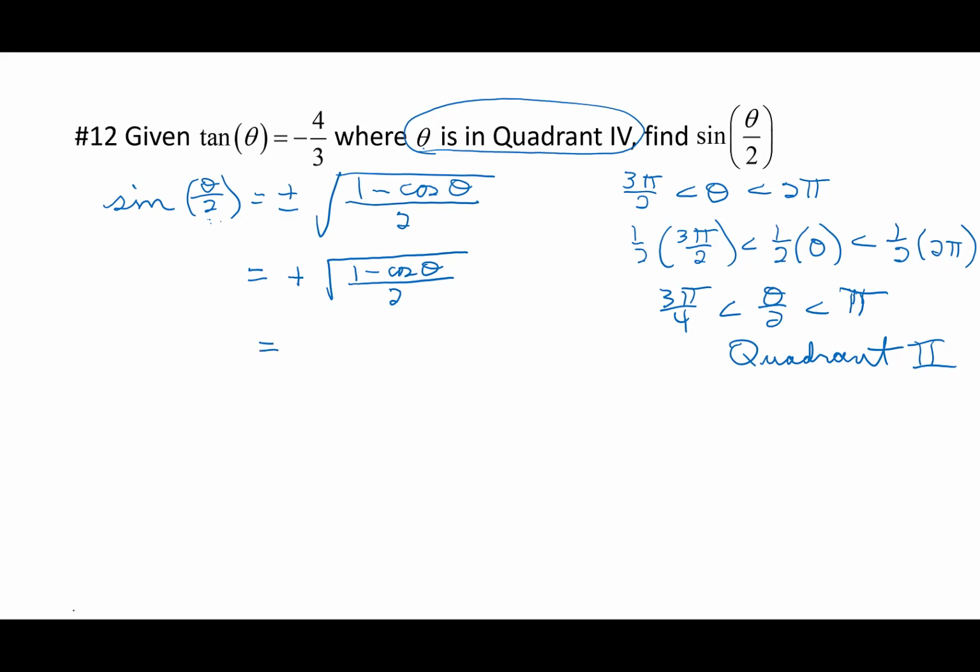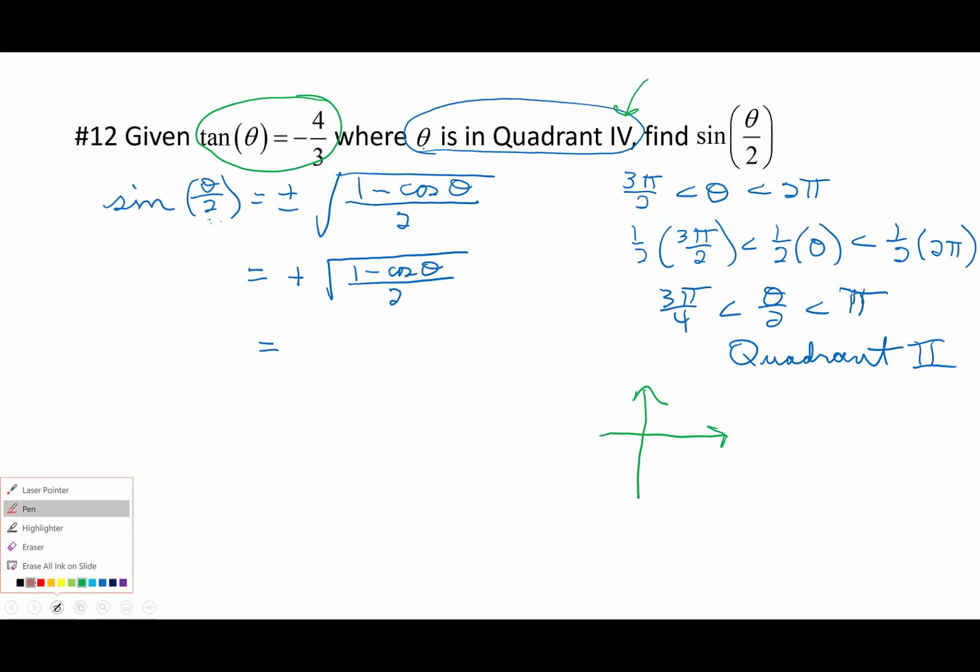Well, to find the cosine of theta, we have the tangent of theta is -4/3, where theta is in quadrant 4. So let's draw a little picture here. We're in quadrant 4, and it looks like we're going to use a reference triangle to solve this one.